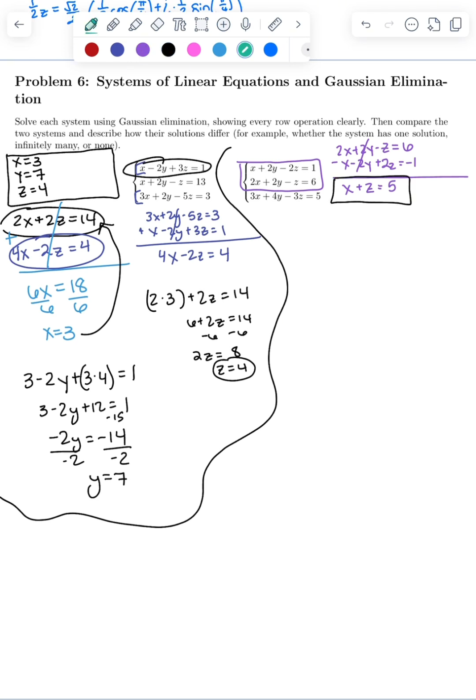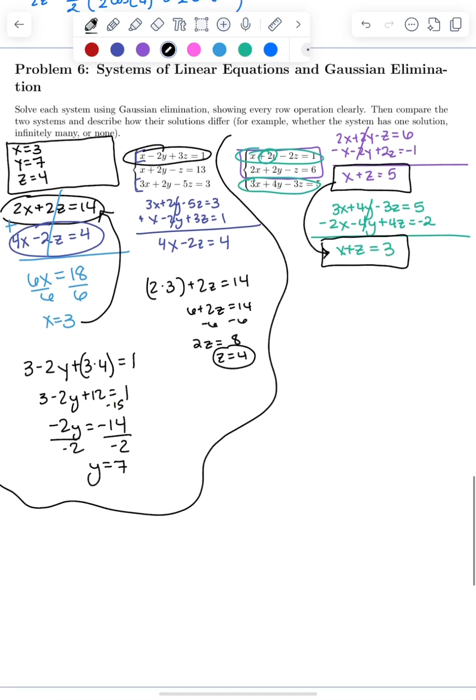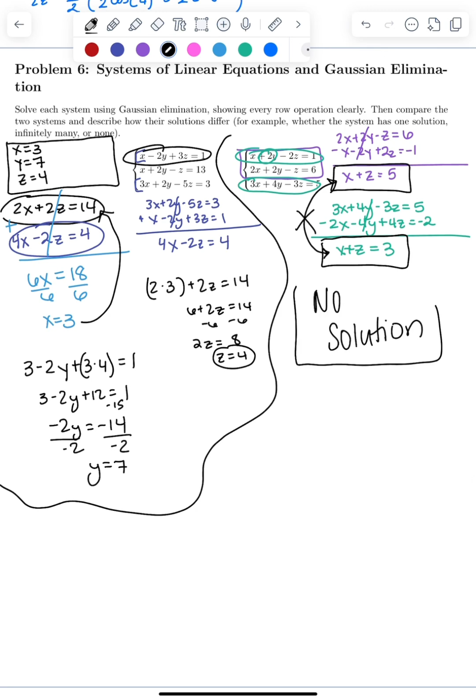The next step is to take the third equation and subtract the first equation, canceling out y again to give us a second new equation. So we're going to multiply everything by -2 so we can cancel out the y. So it leaves us with x plus z equals 3. So x plus z equals 5 and x plus z equals 3, so they can't both exist at the same time.